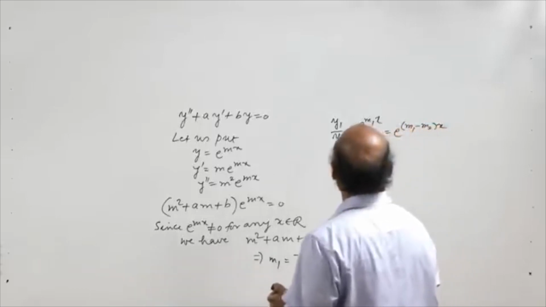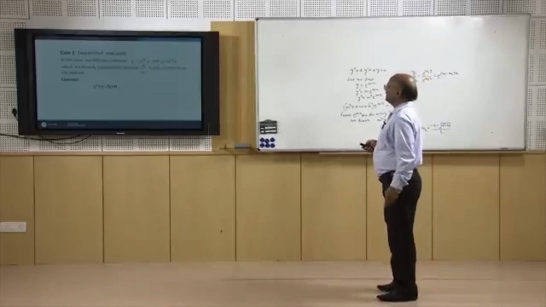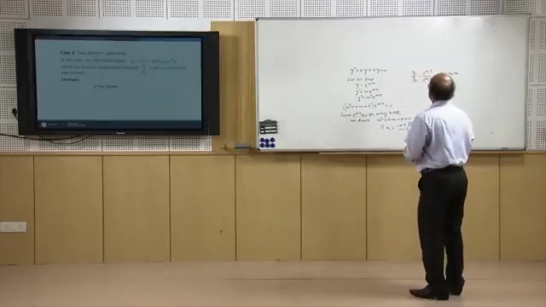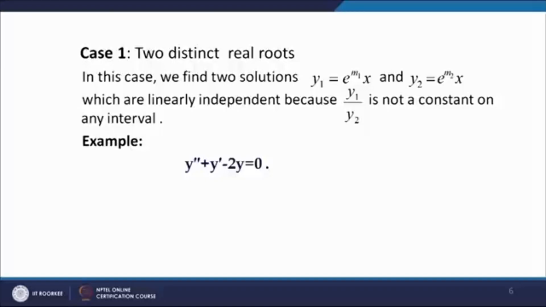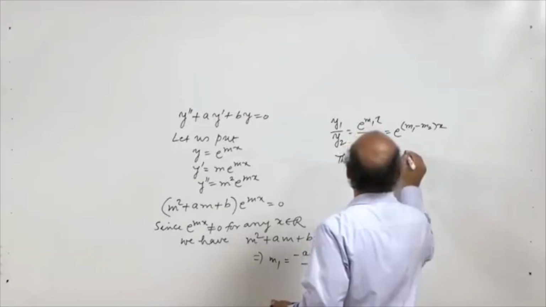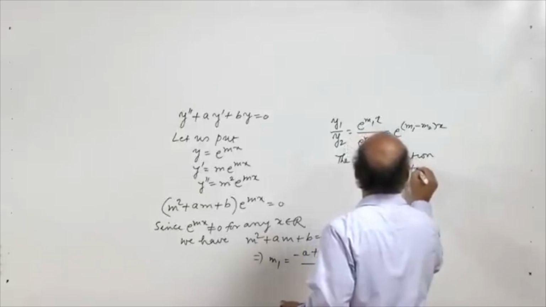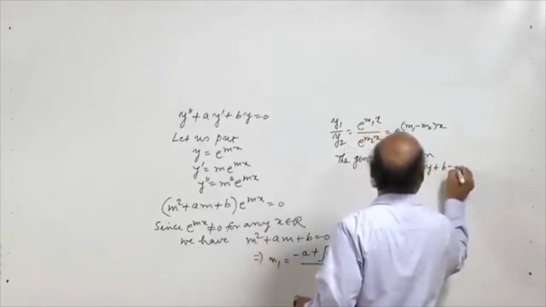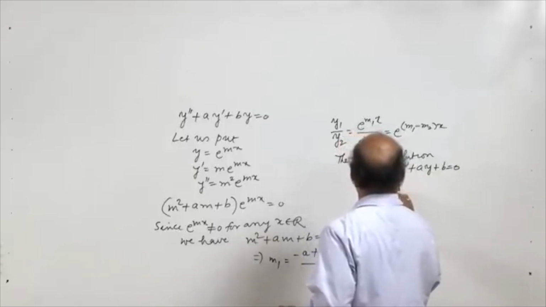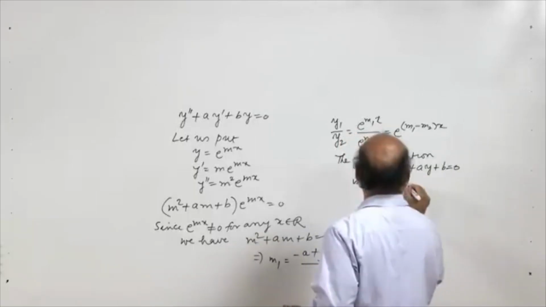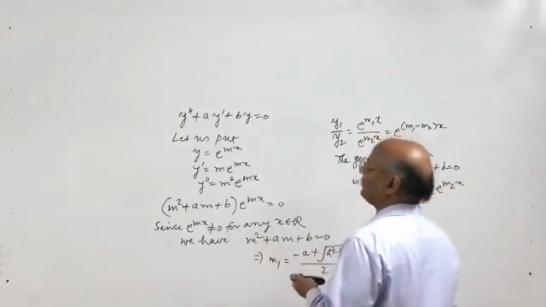Since m1 is not equal to m2, e to the power m1 minus m2 into x is not a constant, and therefore y1 and y2 are linearly independent. So in this case the general solution of the equation is y equal to C1 e to the power m1x plus C2 e to the power m2x.